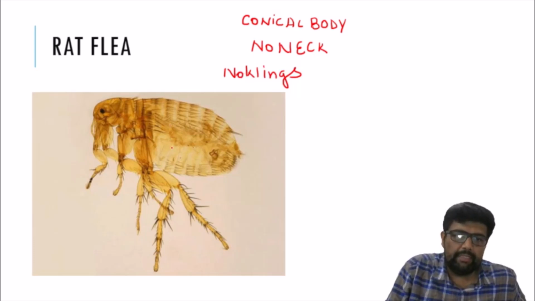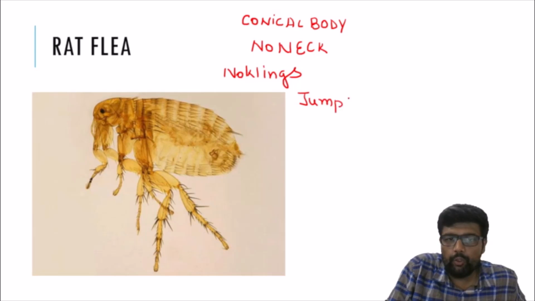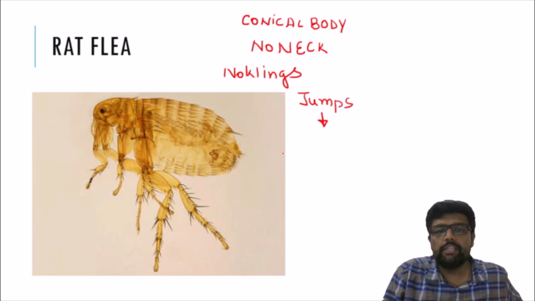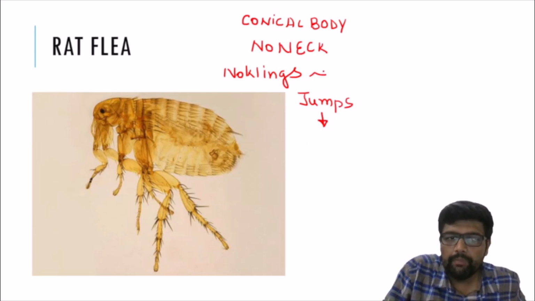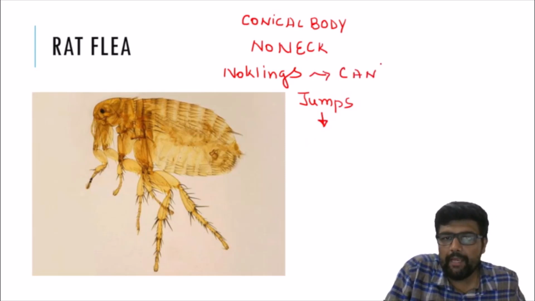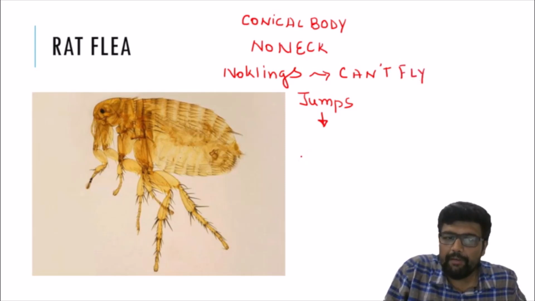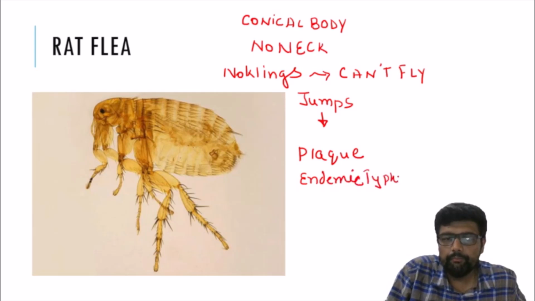So this is the insect with no wings, so it only jumps, because with no wings it cannot fly. Rat flea causes plague, endemic typhus, and shigellosis.